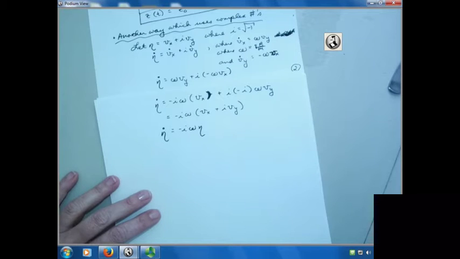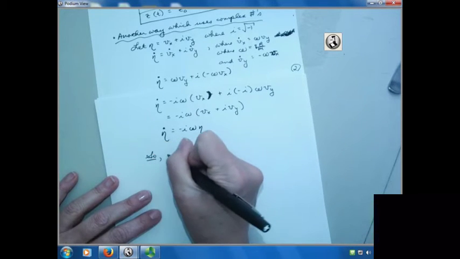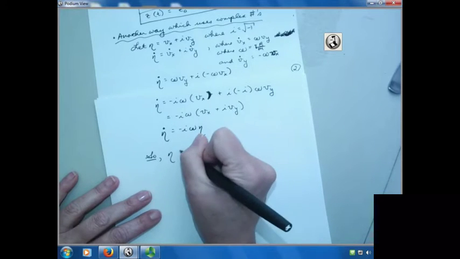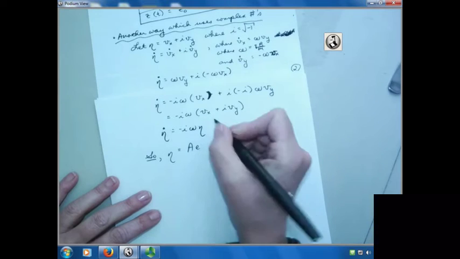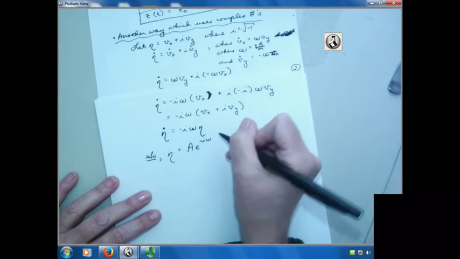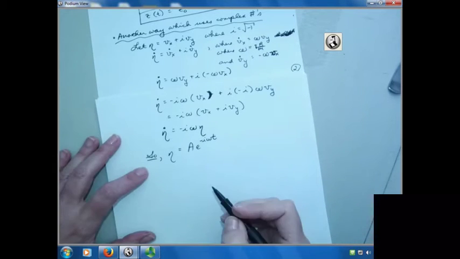Which tells me that my eta function, a function of time obviously, is just a constant times e to the minus i omega t. Again, that's the only function whose derivative is proportional to itself, and the constant of proportionality is the thing that must multiply t in the e to the blank times t.